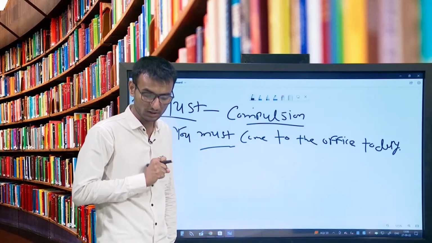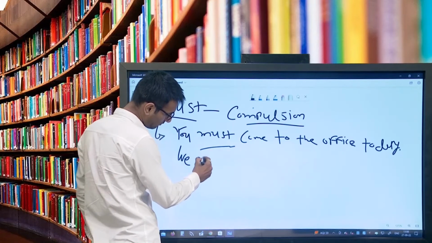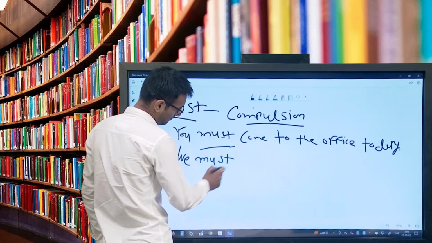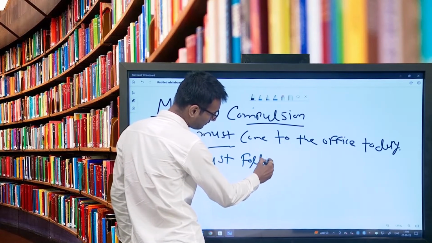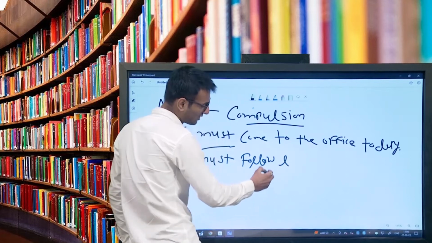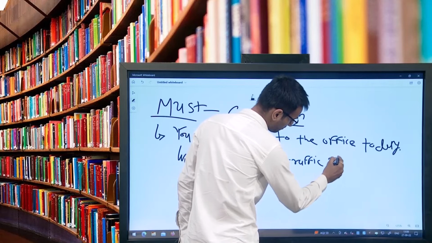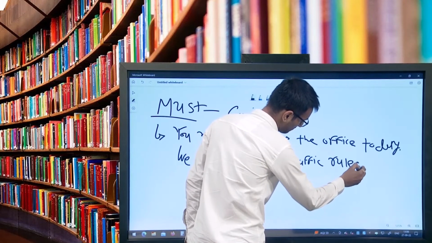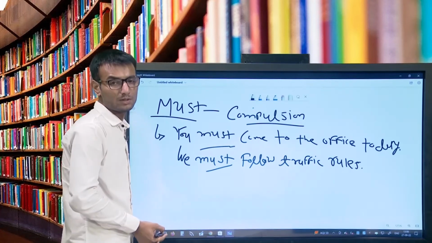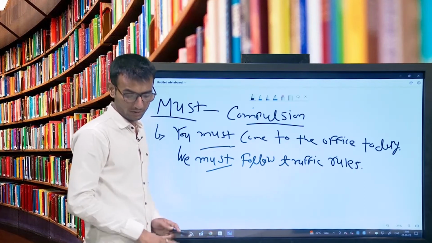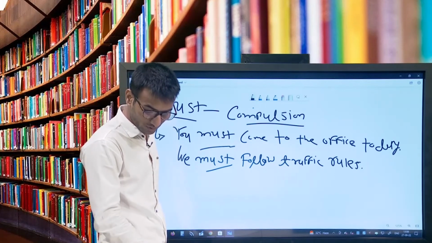Another example we can say, we must be loyal to our country. Another example is we must follow traffic rules. As a citizen, we must follow traffic rules. So this is another example when we use it to express a necessity, means jaruriyat.